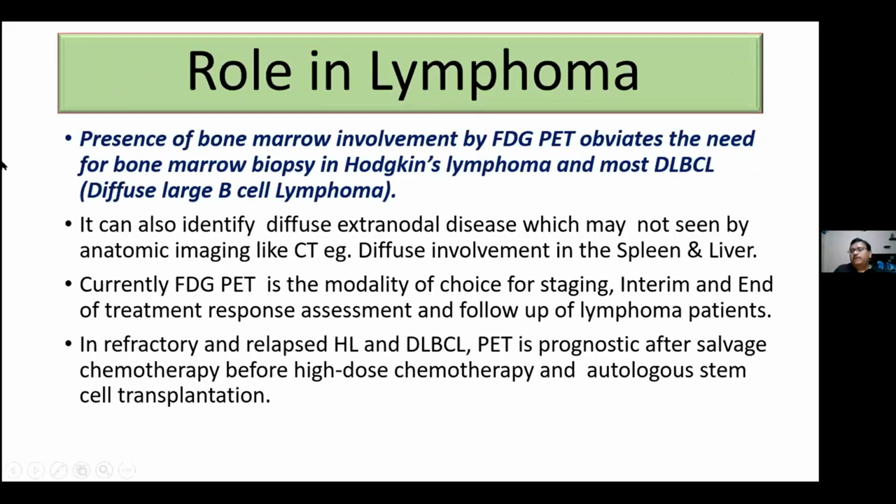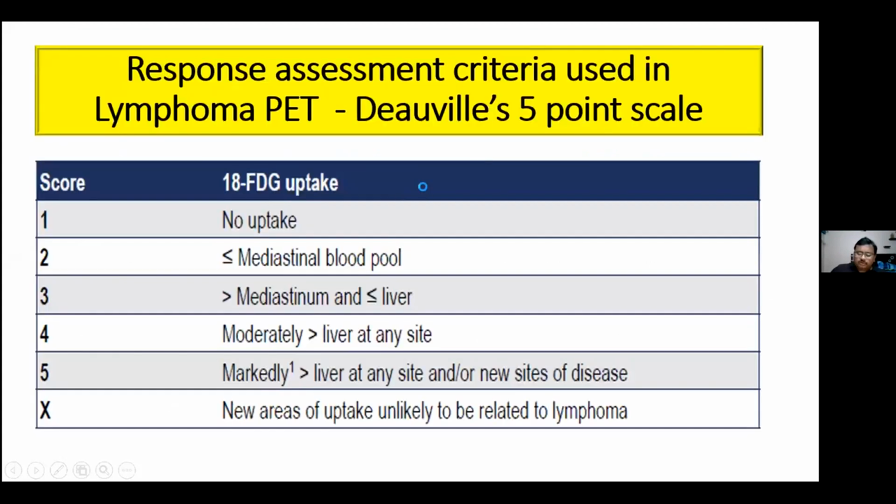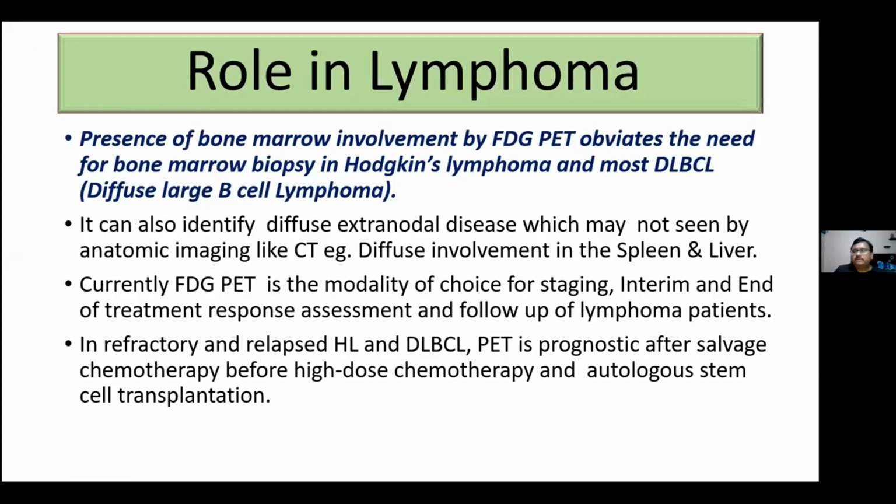Now, one important point which was previously not there, but after the Lugano classification, after the Lugano guidelines came, presence of bone marrow involvement by FDG PET obviates the need for bone marrow biopsy in Hodgkin's lymphoma and most DLBCL, unless there is a discordant pathology which is suspected by the clinician, even after a normal marrow uptake.